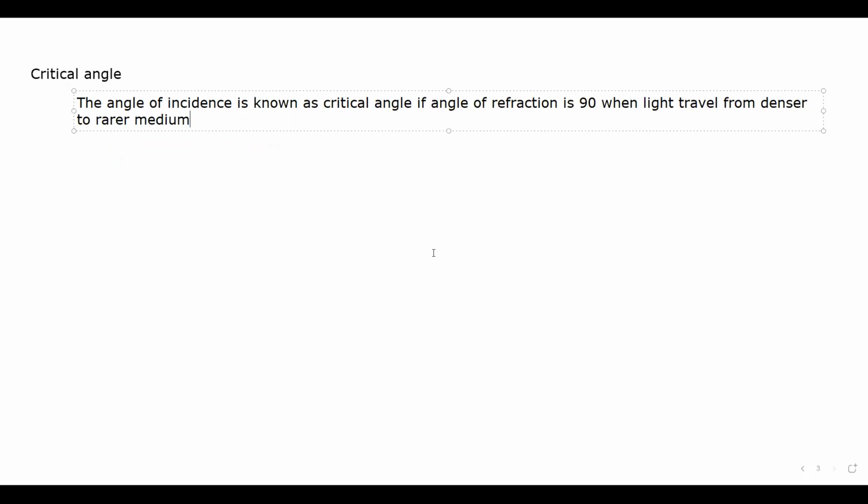So the value of the angle of incidence is known as the critical angle when light travels from a denser medium to a rarer medium and the angle of refraction is 90 degrees. So basically what happens, like this is a semicircular glass.